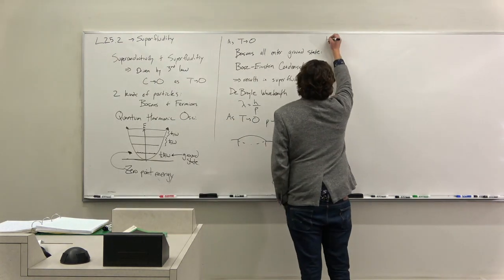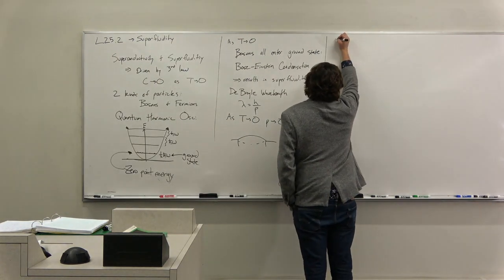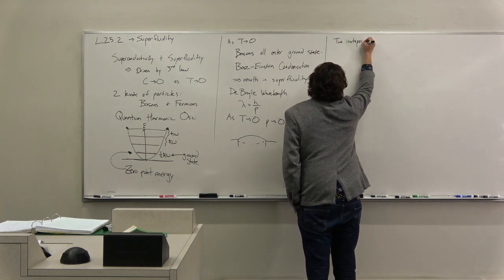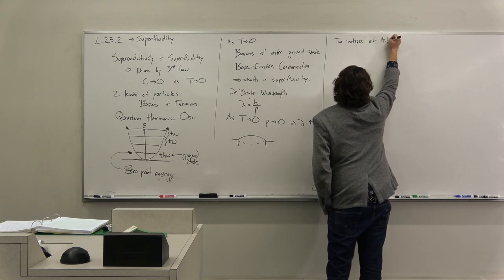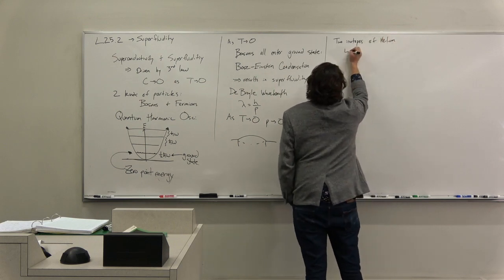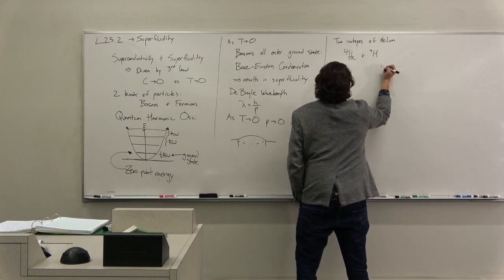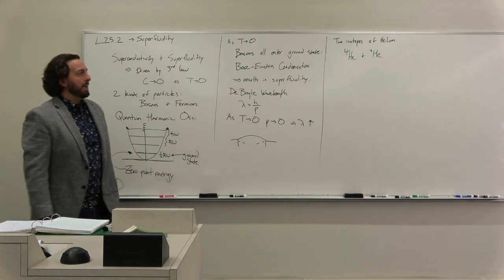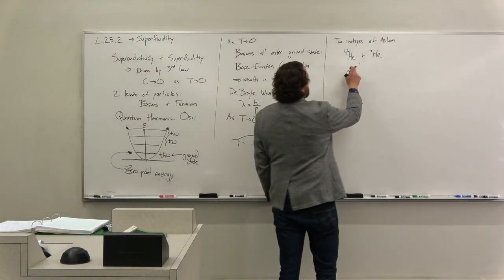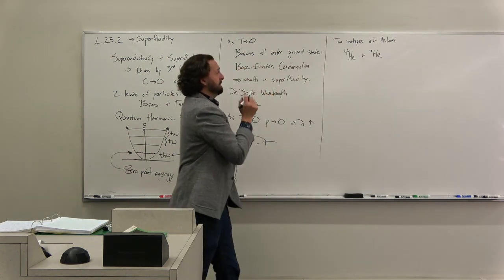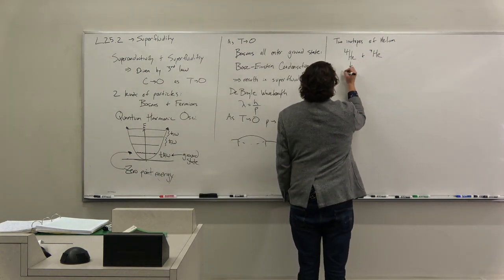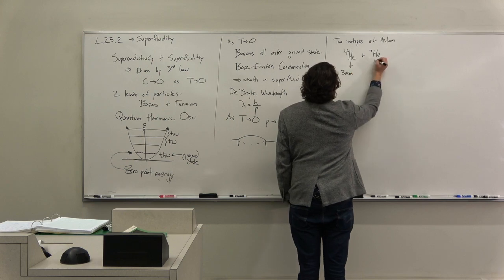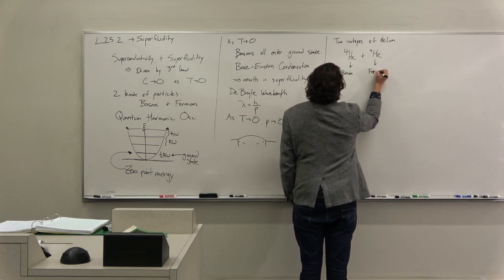So a very good example of a superfluid, there's two isotopes of helium. Helium-4 and helium-3. And so we actually studied both of these in my group. Helium-4 is a boson, and helium-3 is a fermion.